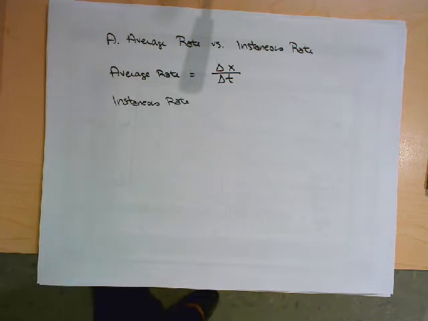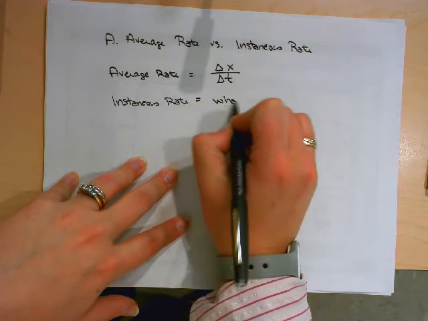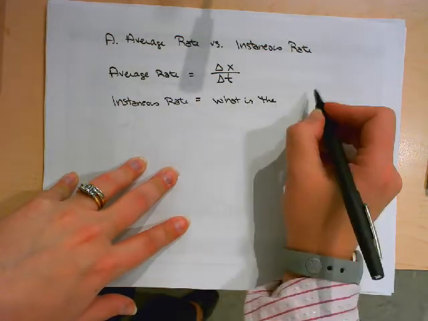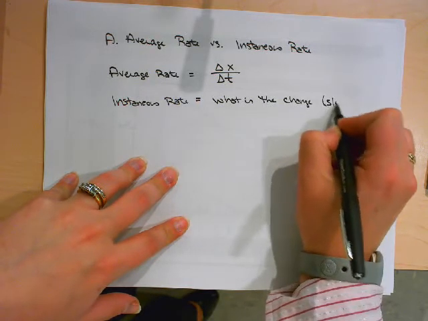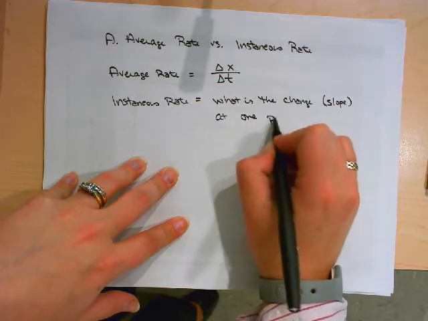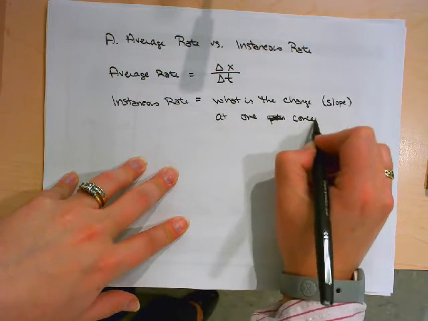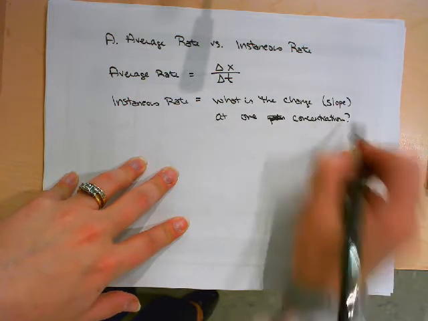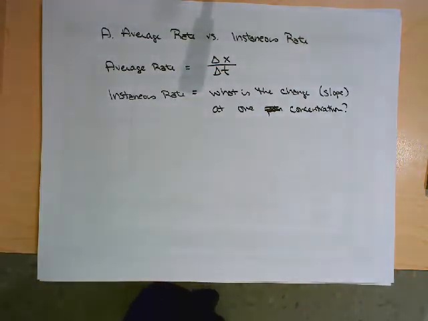If I talk about instantaneous rate, I want to know, if I look for one spot on the graph, what is the rate at that one spot?